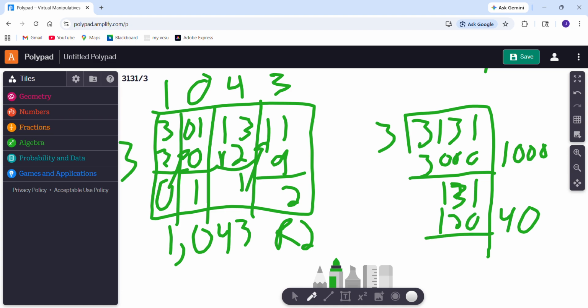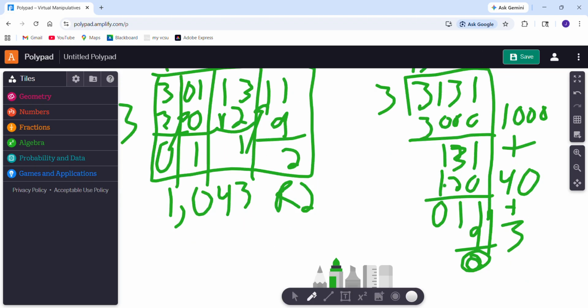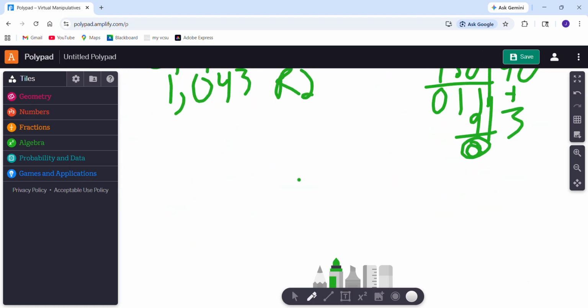So 131 minus 120 is 11. Then we know that 3 times 3 is 9. That leaves us with 2. So you add 1,000 plus 40 plus 3. So it's 1,043, remainder 2.